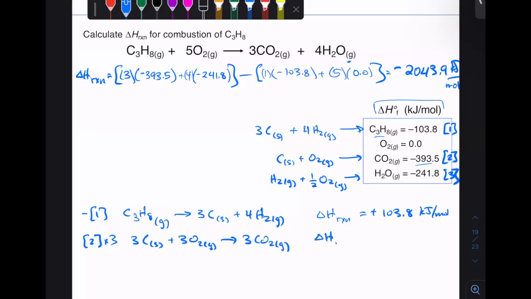So delta H of reaction, we're going to take what we're given there and multiply that by 3. That's going to be negative 393.5 times 3, negative 1180.5.